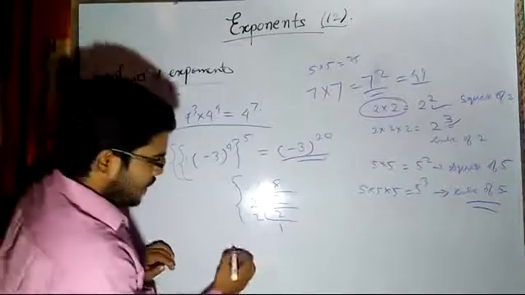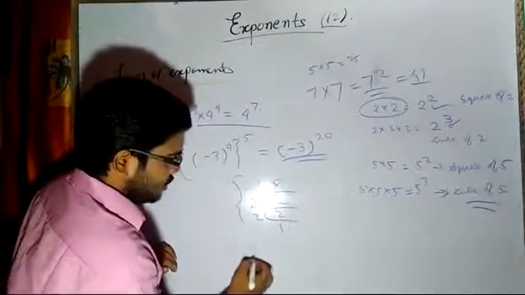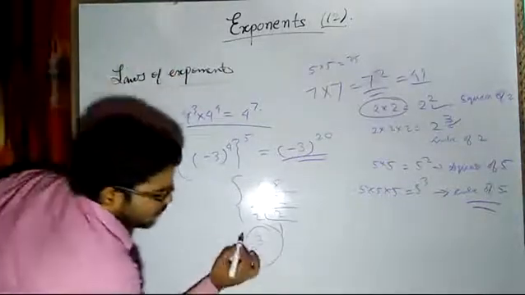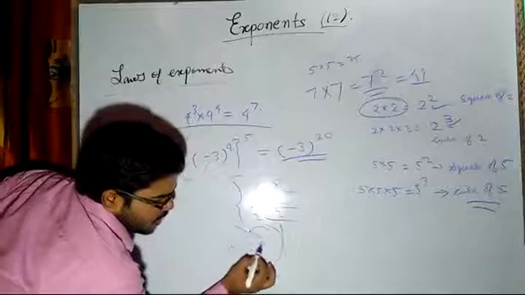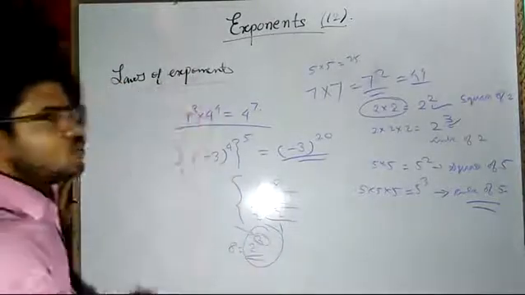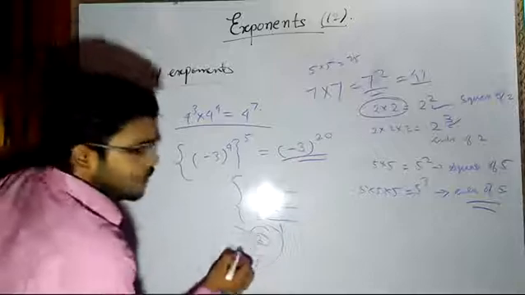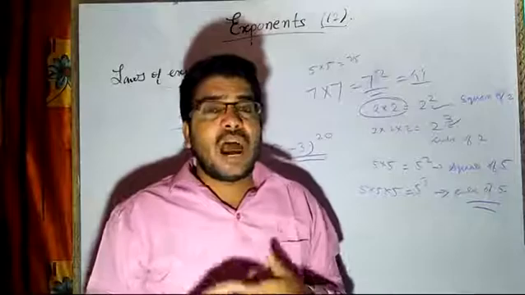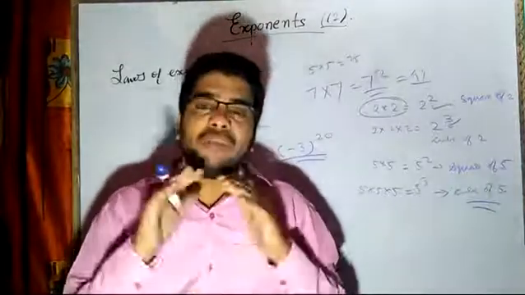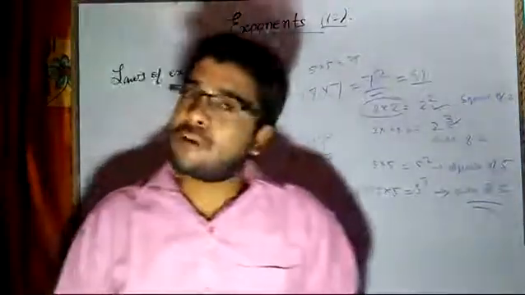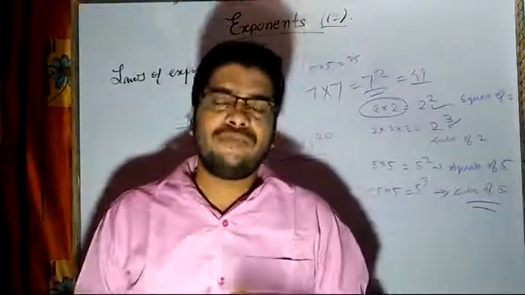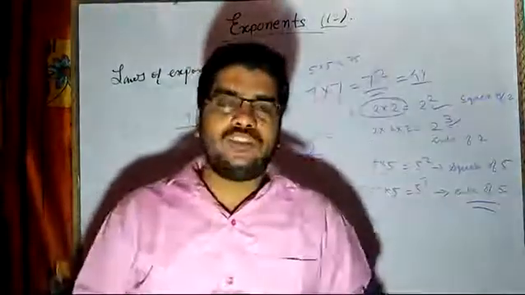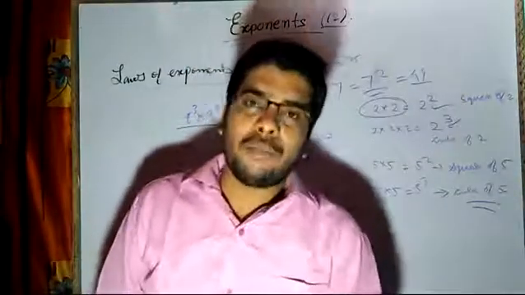Now since 8 is equal to 2 raised power 3, this is not a perfect square, because for a perfect square the exponent should be 2. If I am getting an exponent other than 2, then the number is said to be not a perfect square. If the exponent is more than 2 or less than 2, then the number is not a perfect square.